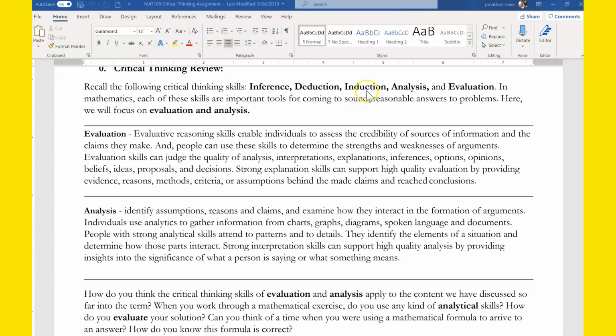So induction is like observing patterns in the world and forming an inductive conclusion based on the pattern. So let's say something like, when I water this plant once a week, it grows this much. When I water it twice a week, it grows this much. When I water it 3 times a week, it grows this much, and so on and so forth.